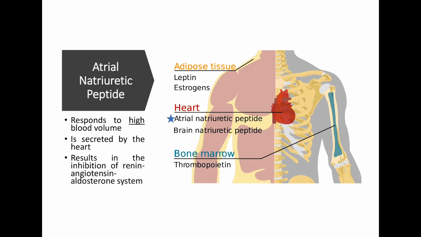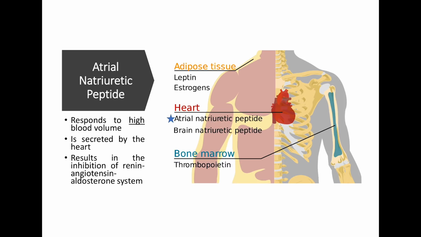So it stretches the atrial chambers of the heart, which then will stimulate the atrial natriuretic peptide to be released. This peptide causes water elimination. All right, so instead of reabsorbing water, it causes the kidneys to get rid of water.